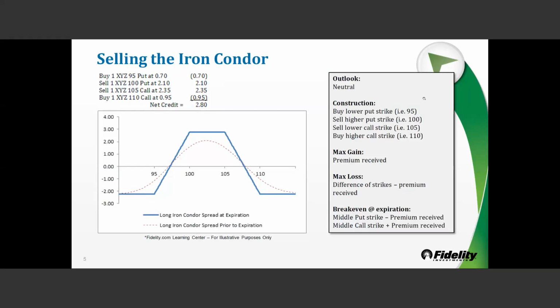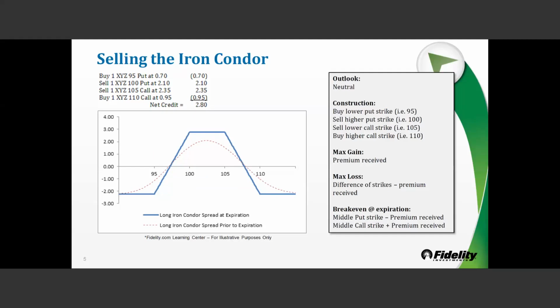That's the idea. So in this particular trade, in order to put together an iron condor, you buy a put at 95, you sell a put at 100, and then you sell a call at 105, and you buy a call at 110. So there's a $5 spread on the put side and a $5 spread on the call side, and the premium you will receive in this example is a net premium of $2.80 out of the $5.